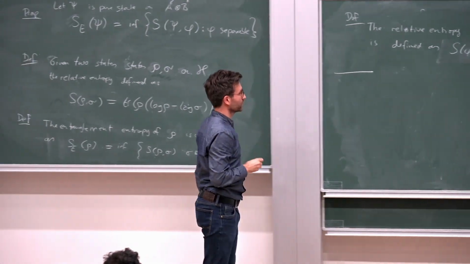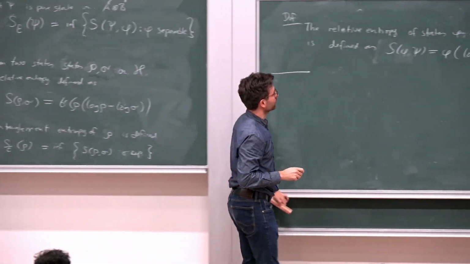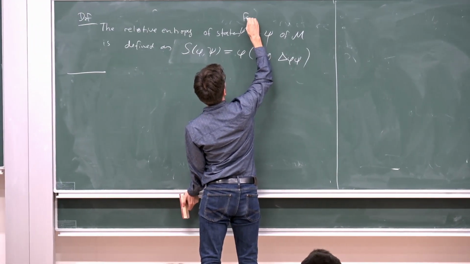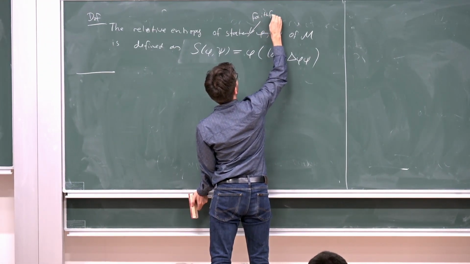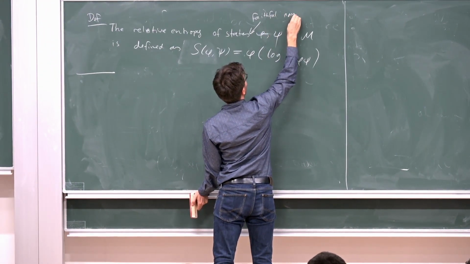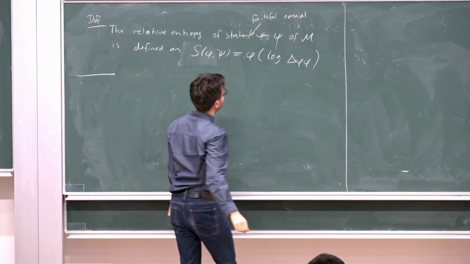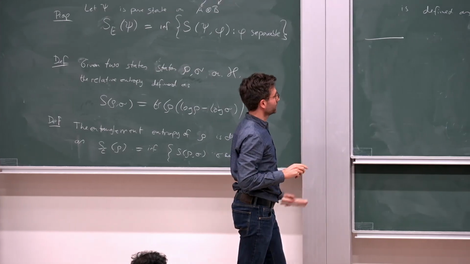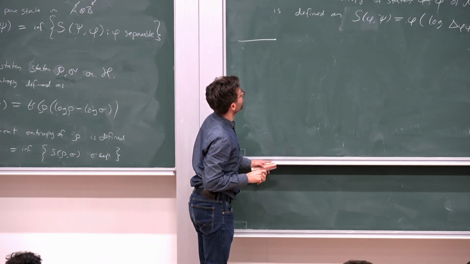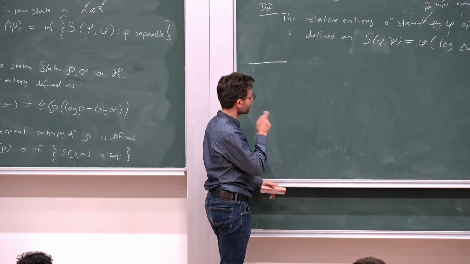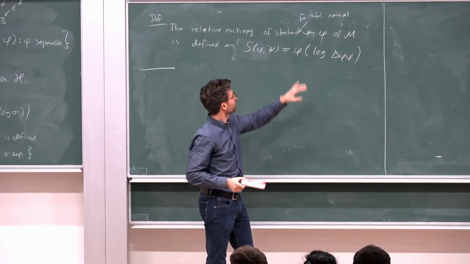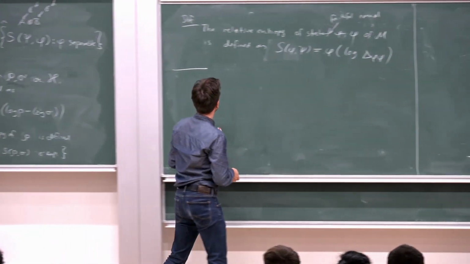So the construction of this is as follows. I want these states to be faithful and normal, as in the morning. Then one can do the following. Remember the GNS construction for faithful and normal states.